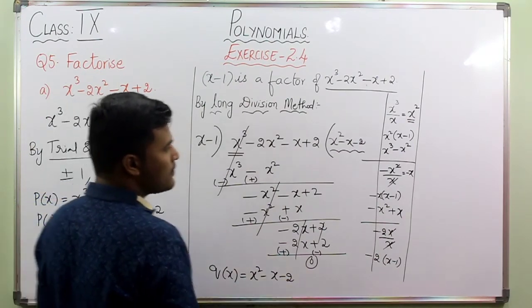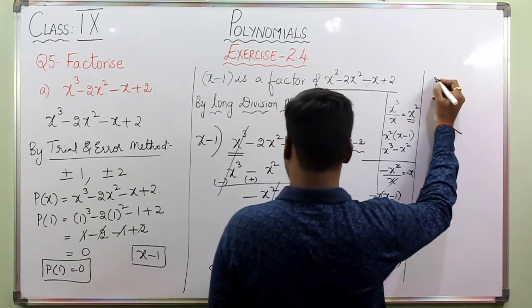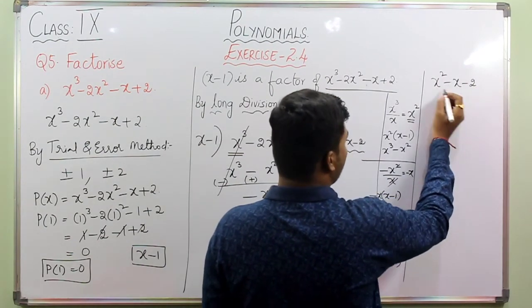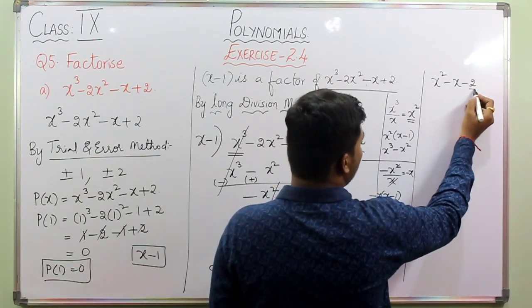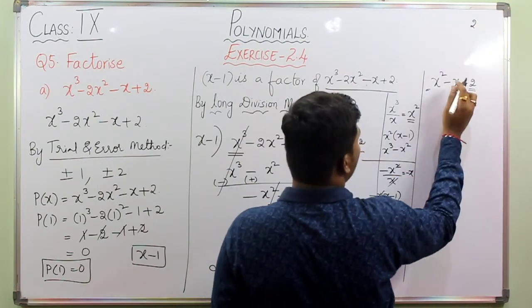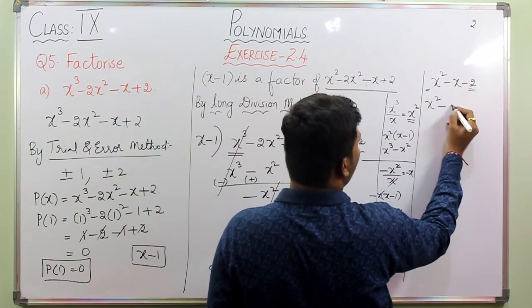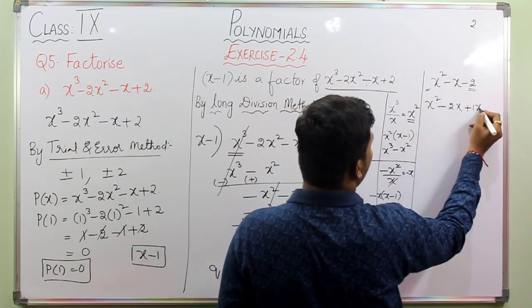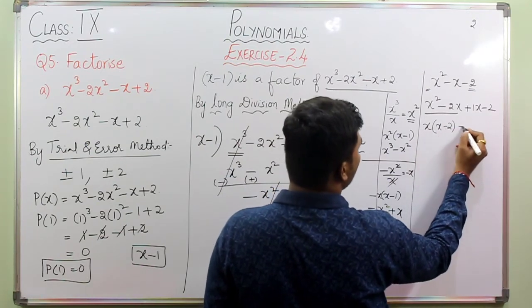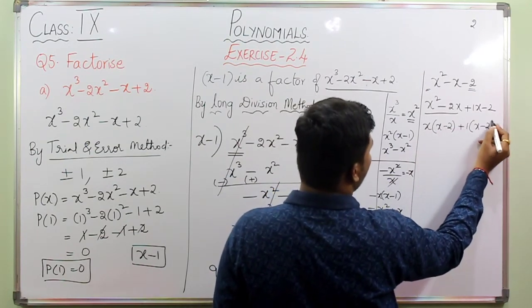Now if we split this by the middle term, that is x square minus x minus 2, 2 into 1 is 2. Okay. So the factors of this are x square minus 2x plus 1x minus 2. Take x common from this, you will have x minus 2, plus 1 common from this, x minus 2.